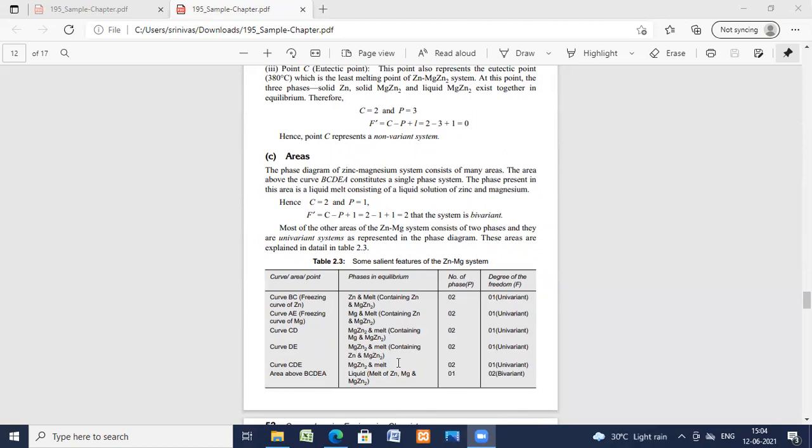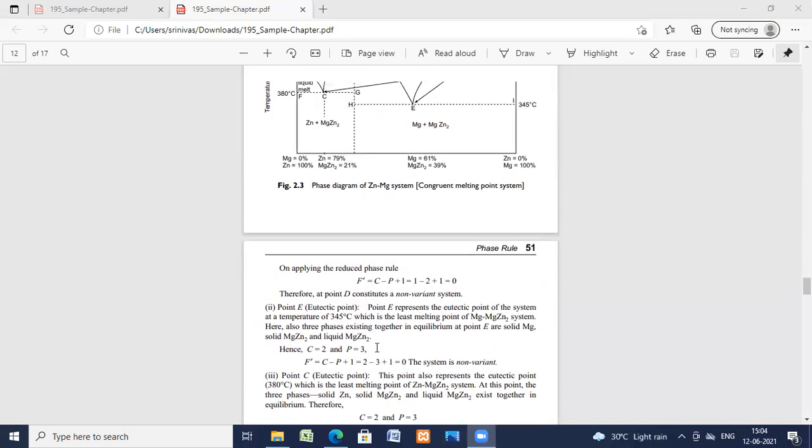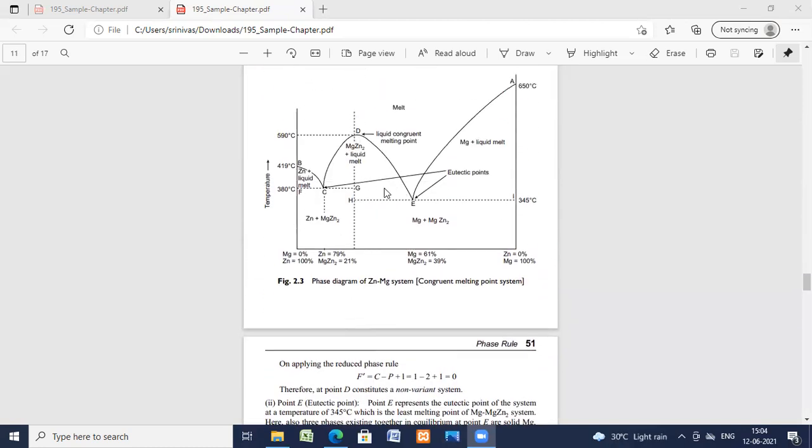For DE you are having Mg plus intermetallic. For CD you are having zinc plus intermetallic. C is 2, P is 2 and F is equal to 2 minus 2 plus 1, univariant. CD you have Zn plus MgZn2, and DE you have Mg plus MgZn2.